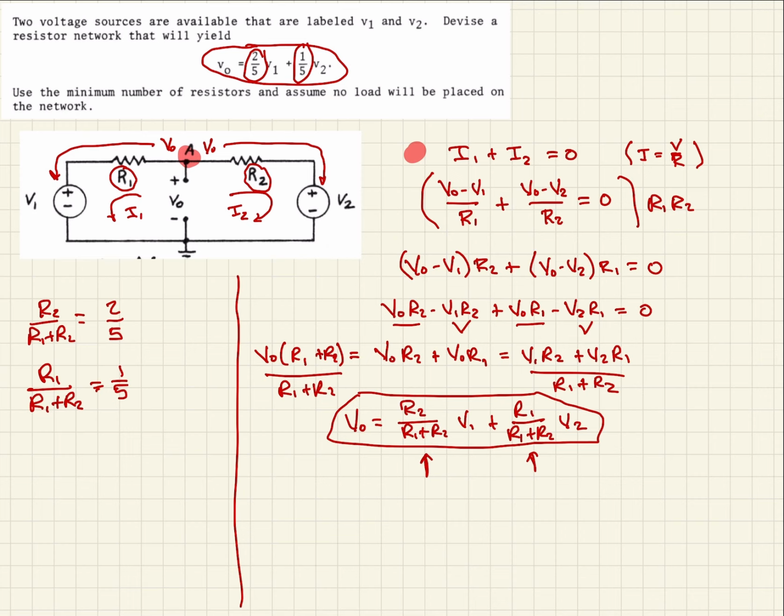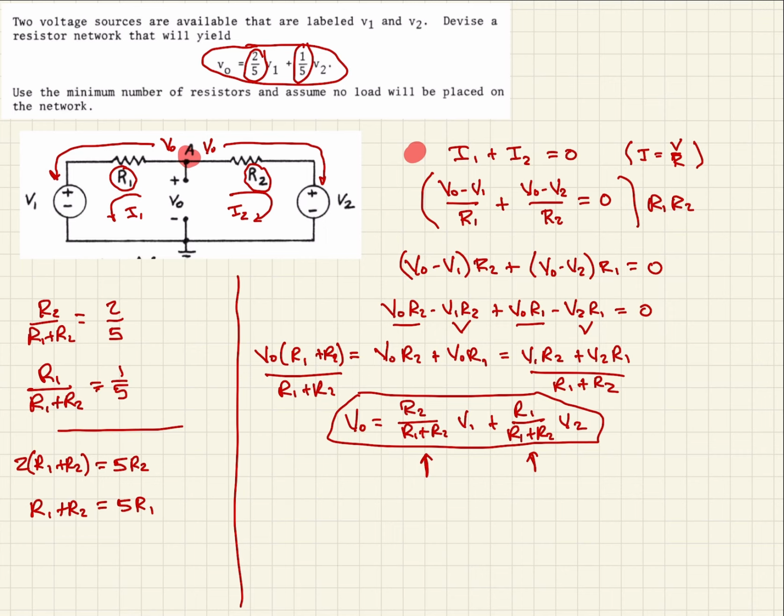If we cross multiply these, we get 2 times R1 plus R2 is equal to 5 R2, and the second equation becomes R1 plus R2 is equal to 5 R1.